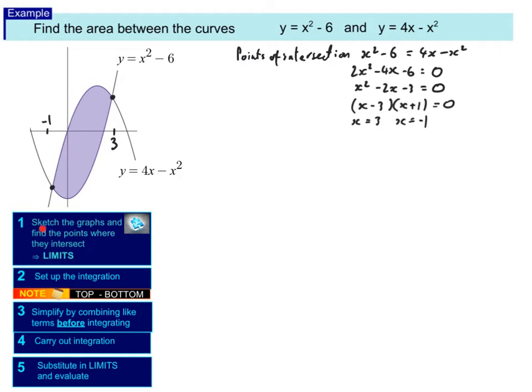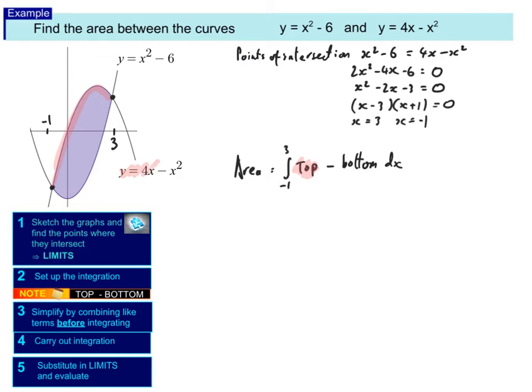Now that I have found my limits, I can set up my integration. Area is the integral, I'll pop in my limits just now, of the top minus the bottom with respect to x. Top, it's this function here.